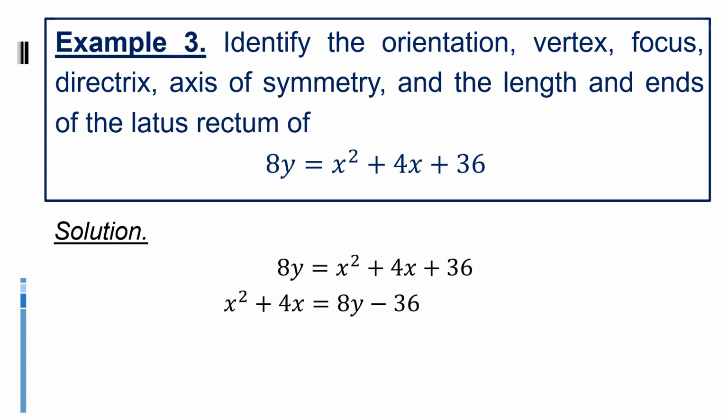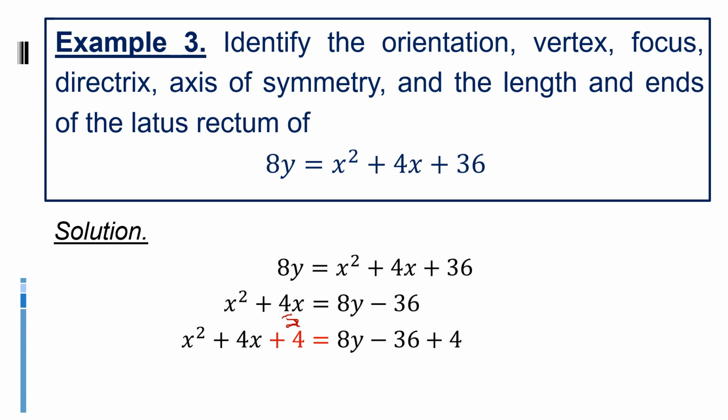So, isi-separate ko ngayon yung mga x's doon sa walang x kasi i-complete natin yung square ng x. How do we complete the square? We divide this by 2 and then we square. So that is 4 over 2, that is 2 squared. So that is 4. Yun ang idadagdag natin to both sides. So we have plus 4 and plus 4 sa kabila.